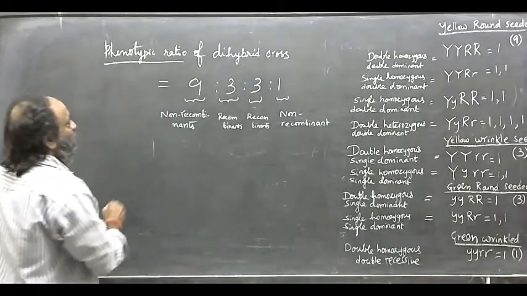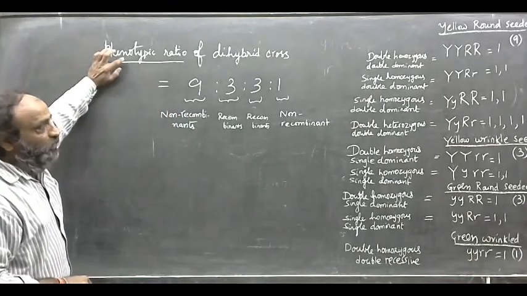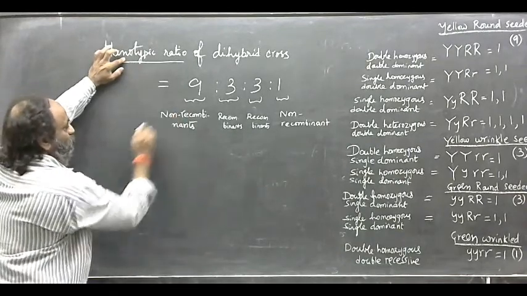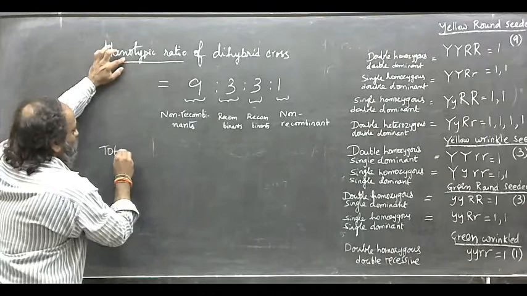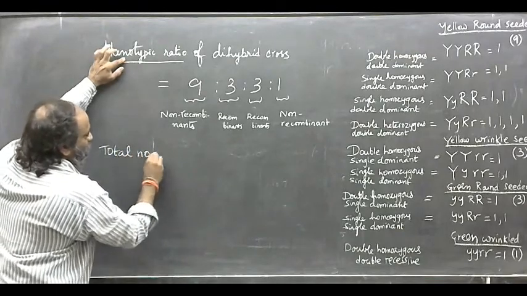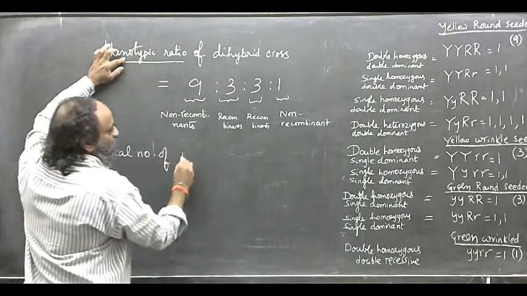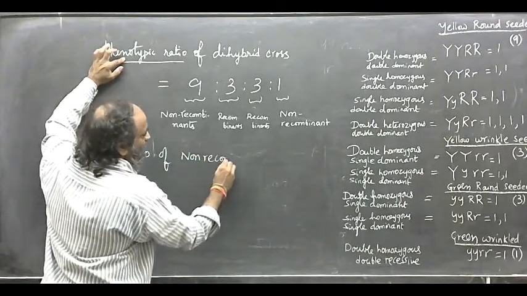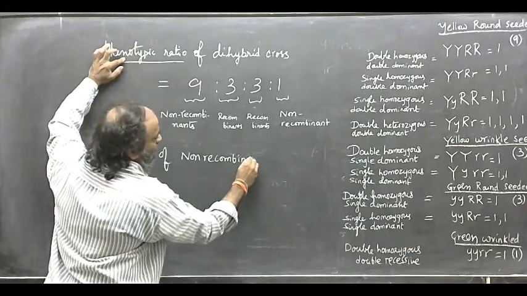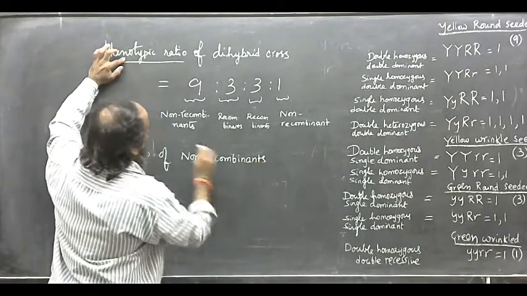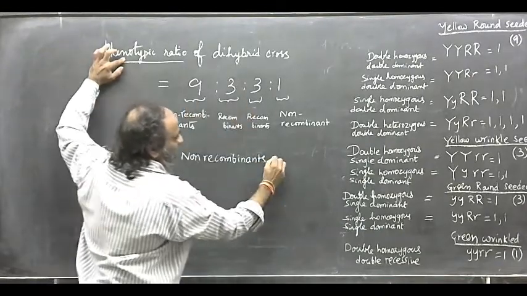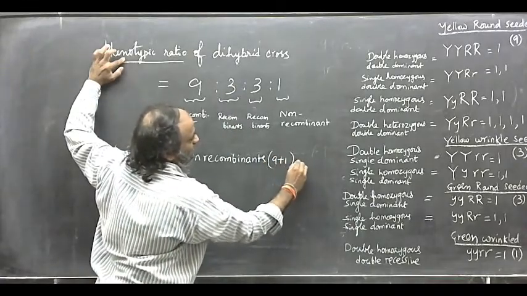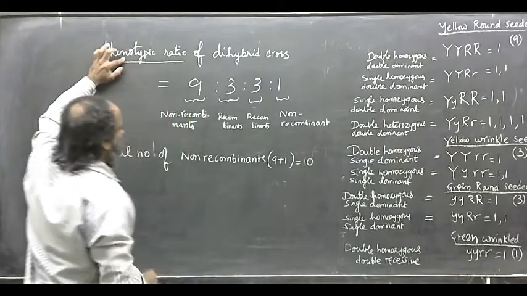That means in Mendelian dihybrid cross F2 generation, the total number of non-recombinants is 10.